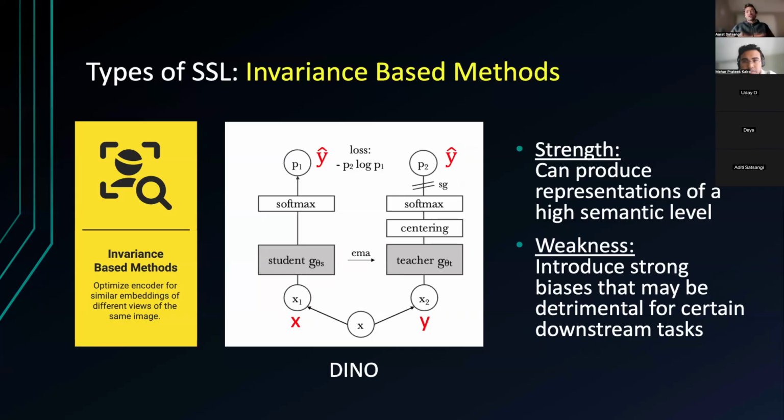If you have this kind of structure in the network, it's from DINO. There was a paper called DINO, and its full form is self-distillation with no labels. I just wanted to let you know.